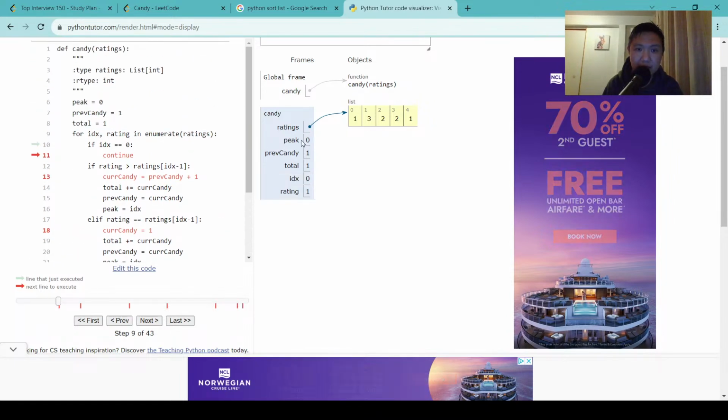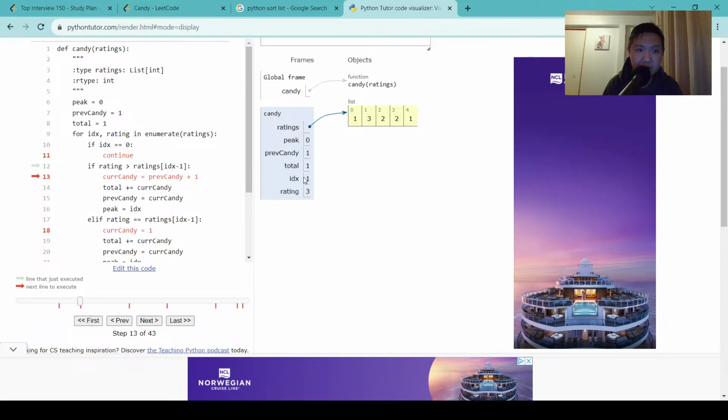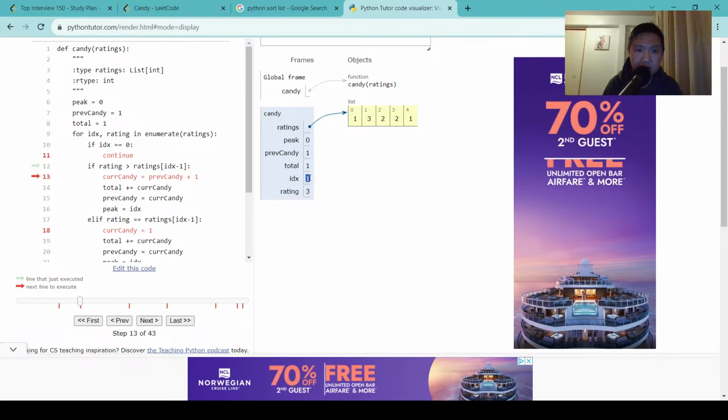Okay, so when IDX is 0, total is 1. It's going to continue. Now IDX is 1, rating is 3. Okay, cool. Peak is 0. Alright, cool beans. Current candy equals previous candy plus 1.